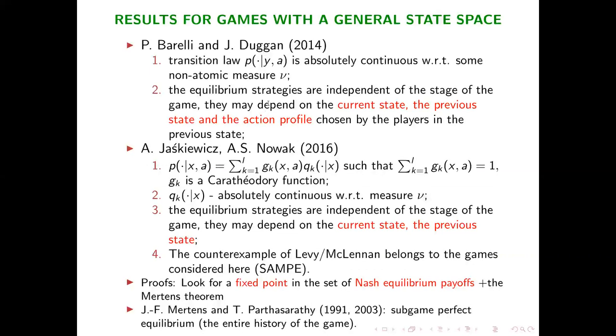And they obtain equilibrium strategies that are independent of the stage of the game, so that they are stationary in some sense, but they may depend on the current state, the previous state, and the action profile chosen by the players in the previous state.